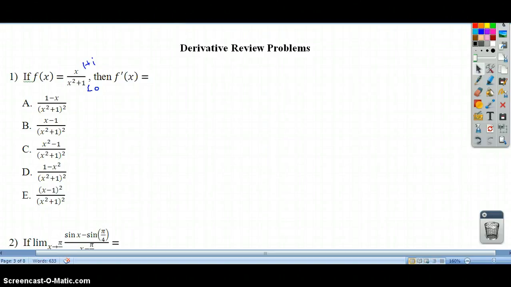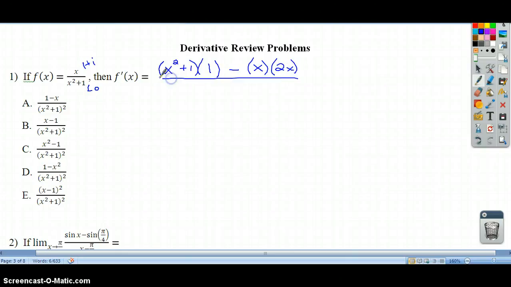So the quotient rule, we're going to take the low function, and then take the derivative of the high function. Subtract the high function now, and multiply by the derivative of the low function.